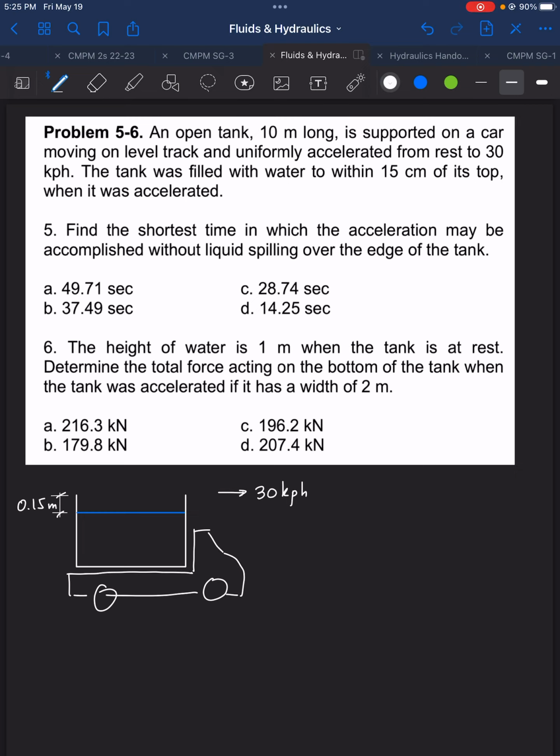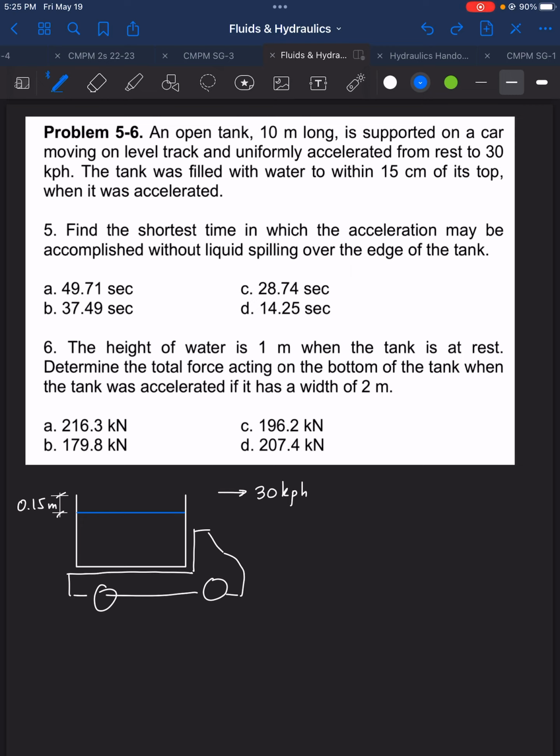And then, what's the condition here at number 5? Find the shortest time in which the acceleration may be accomplished without spilling liquid over the edge of the tank. So this vehicle will accelerate without spilling the water inside the tank.